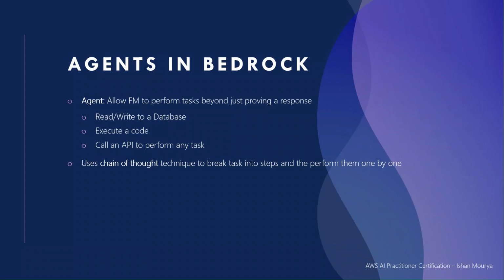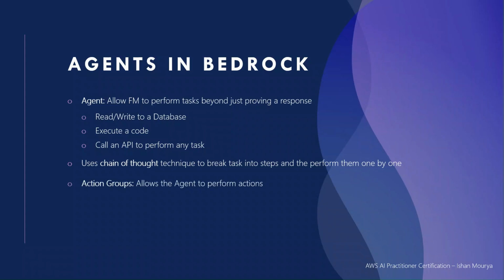If it exists, then the next step would be updating the status of the order. So in the next step, it can go to the database and then update the order status as cancelled. So these can be the multiple steps which it can break the task into.